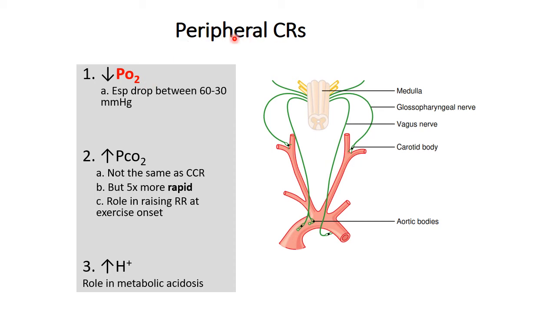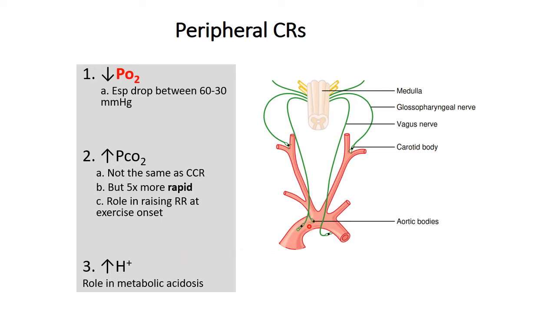But when we're talking about peripheral chemoreceptors, the effect of hydrogen is independent from carbon dioxide. Carbon dioxide does not have a spectacular role in the regular day-to-day control of respiration. It has a special role in exercise onset. Here, however, the hydrogen ion is independent of carbon dioxide, and it directly stimulates peripheral chemoreceptors, but not both.